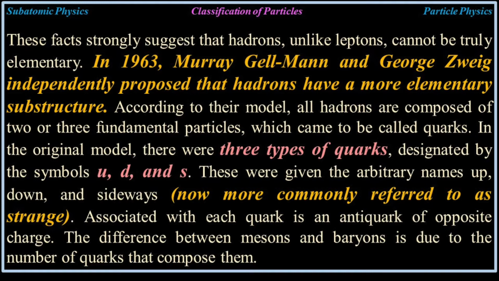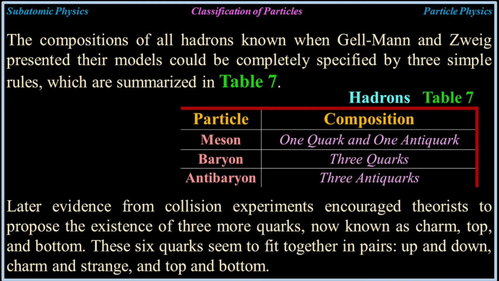The difference between mesons and baryons is due to the number of quarks that compose them. The compositions of all hadrons known when Gell-Mann and Zweig presented their models could be completely specified by 3 simple rules, summarized in Table 7. Mesons: 1 quark and 1 antiquark; baryon: 3 quarks; and antibaryon: 3 antiquarks.